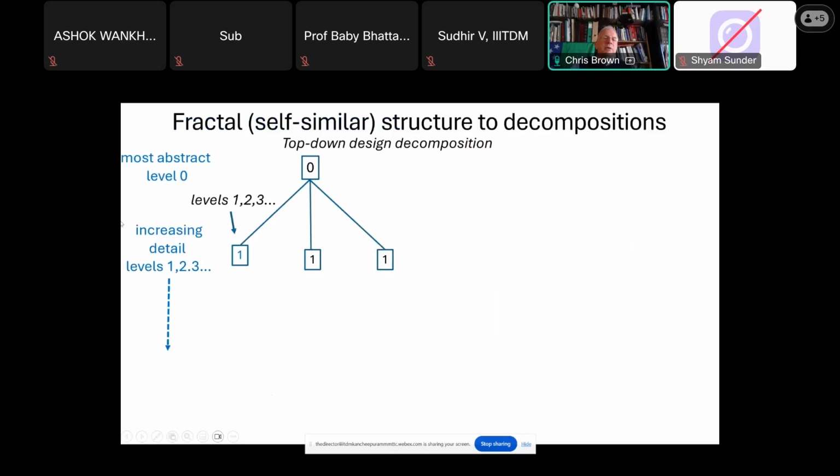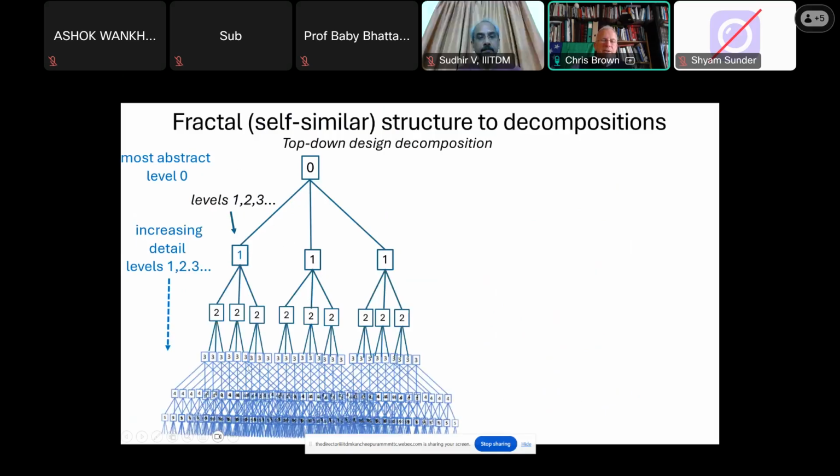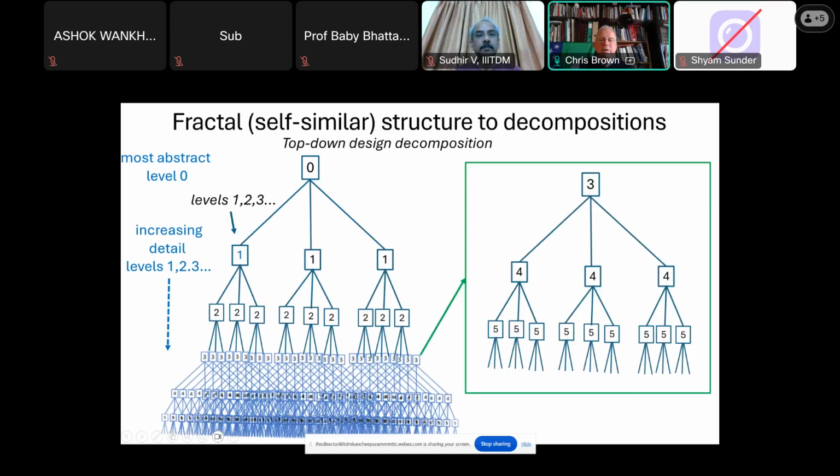All right, so fractals, self-similar structure. So we can think of this in design as we're decomposing. And there's things that we would like to have self-similar in design solutions. I've alluded to ethics, for example. And so as we're doing the solution, we can think about decomposing things into many different branches.